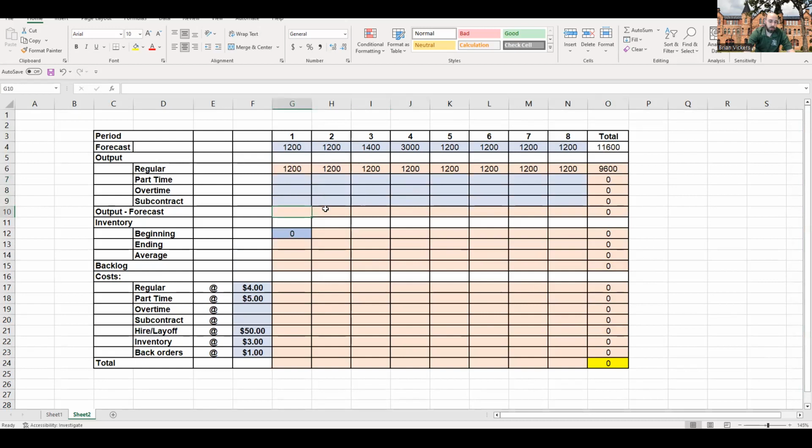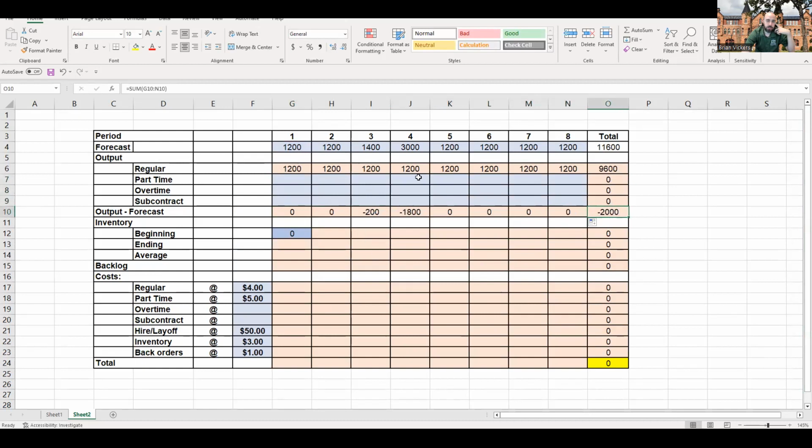But what I can do is I can do my output minus forecast to see how much I'm short. So this is going to be equal to all my production, so this plus this plus this plus this minus forecast. All my output minus my forecast. Copy this all the way down. And I can see I'm 2,000 short. I can only use them here.